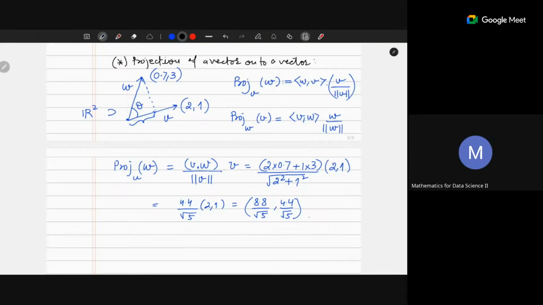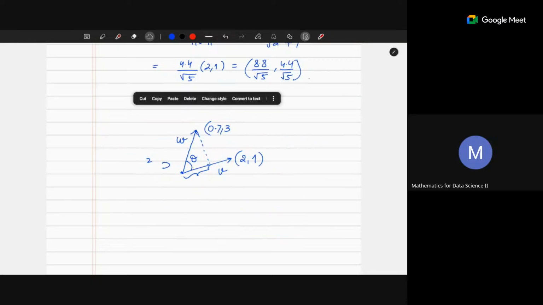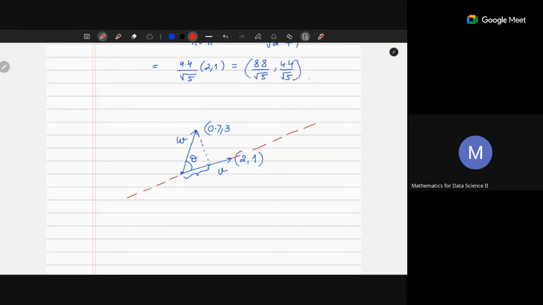Now, as I have projected a vector onto a vector, this can also be thought of as projecting your vector W onto the subspace spanned by vector V. This red line is precisely the span of V. Now what is the span of V?